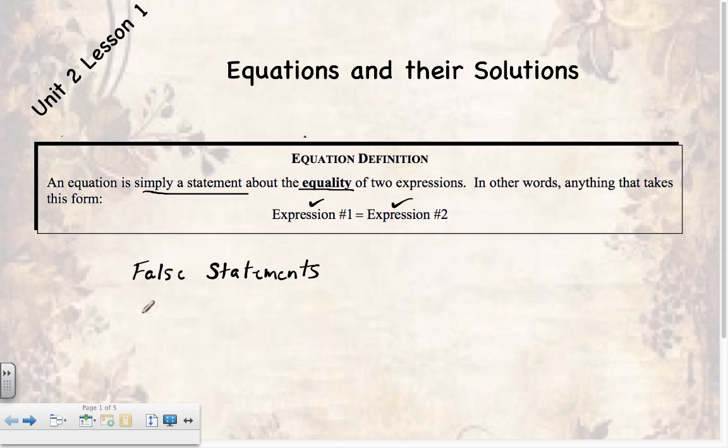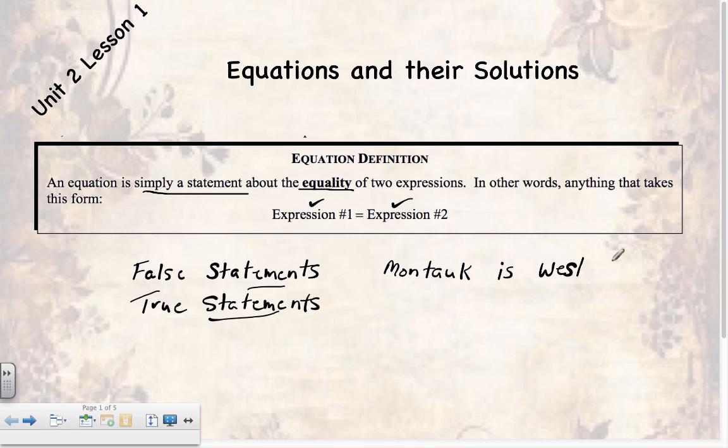Now I want to say that we have false statements and we have true statements, but they're still statements. For example, I can say, Montauk is west of New York City.